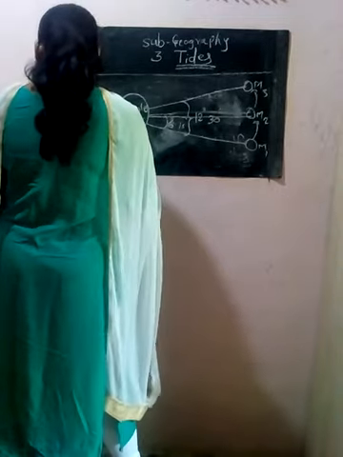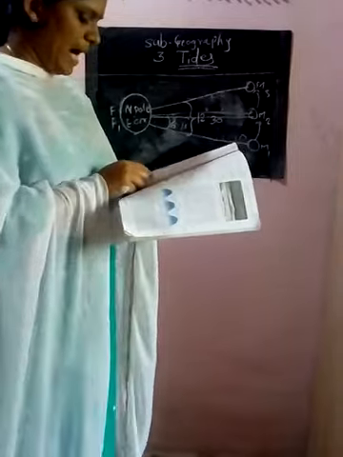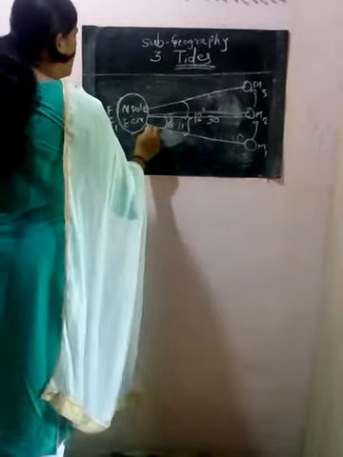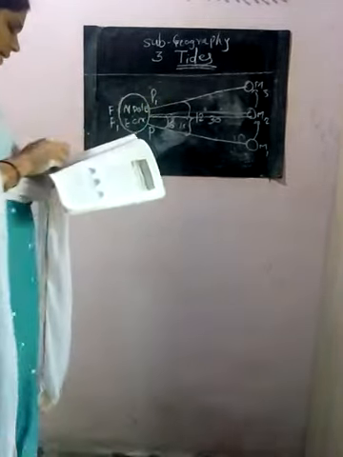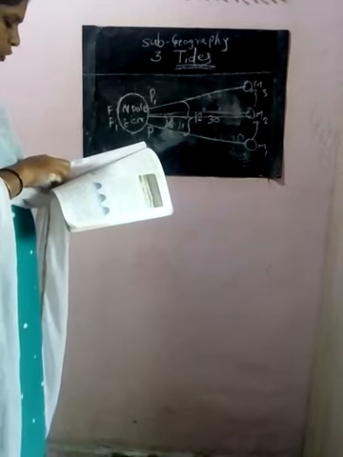F and F1. That means there will be high tide at a point P. Here point P has high tide, as it is opposite to the moon.